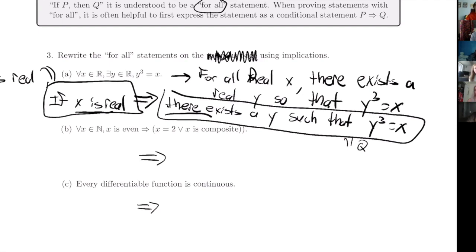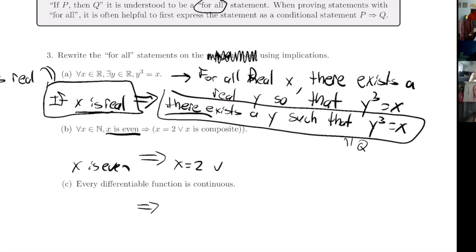So the idea is we've got statement B and I want to write it as a conditional like we did with A. So what's the assumption here? What's the hypothesis? That x is even. Yeah, so we got x is even, right? We kind of see that over here, and then the conclusion would be over here.